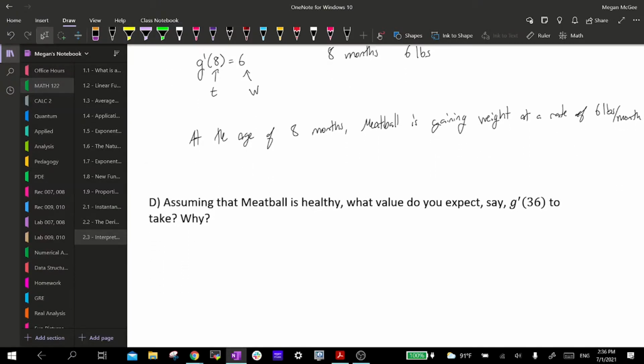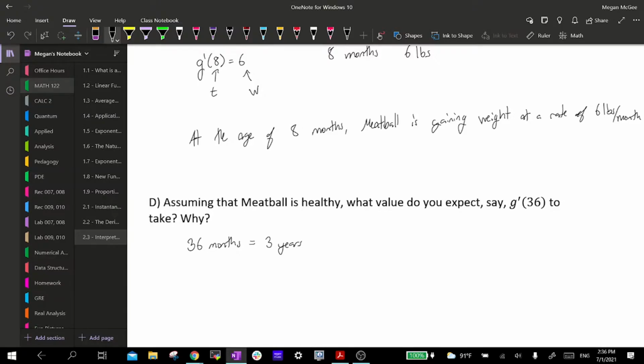Alright, so assuming Meatball is healthy, what value do you expect, say, G prime of 36 to take, and why? Alright, so let's think about this for a second. 36 months, well, that's 3 years. So in 3 years, Meatball is no longer a puppy.